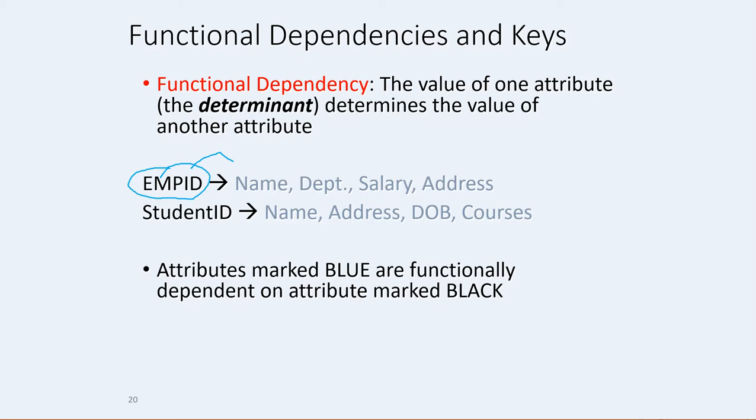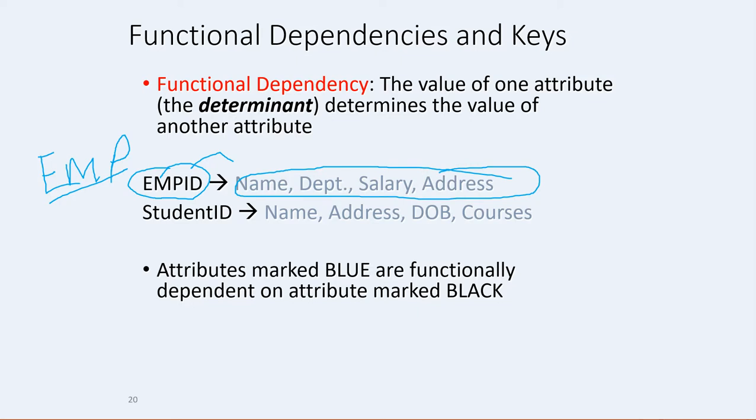If you look at this employee data file, it will have employee ID, first name, last name, department, salary, and address. All these details for each row of data are determined by employee ID. So employee ID is the determinant of all these attributes.